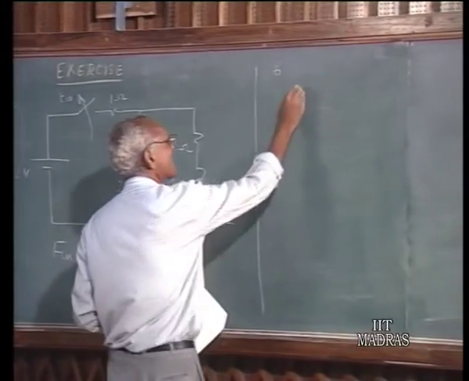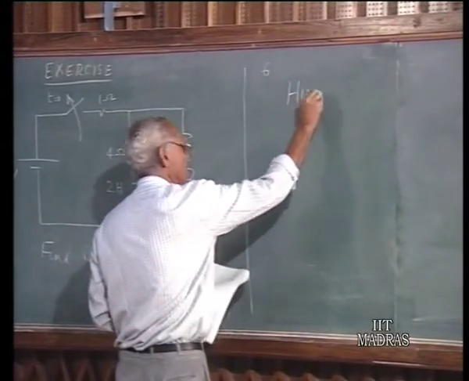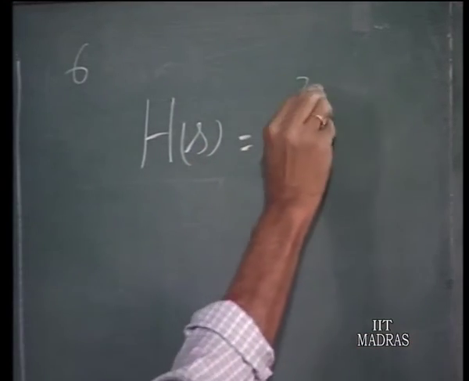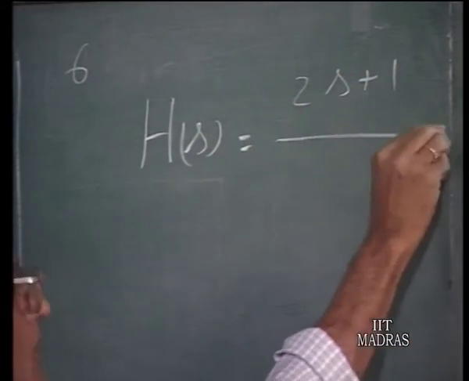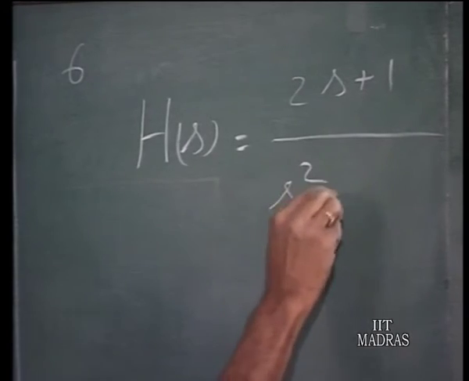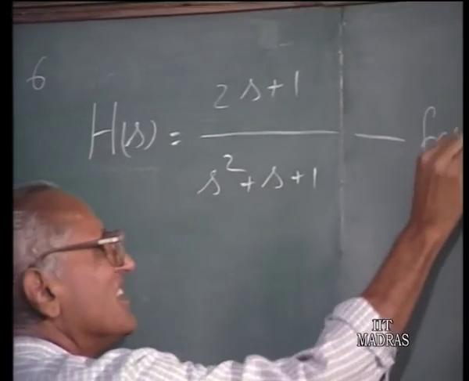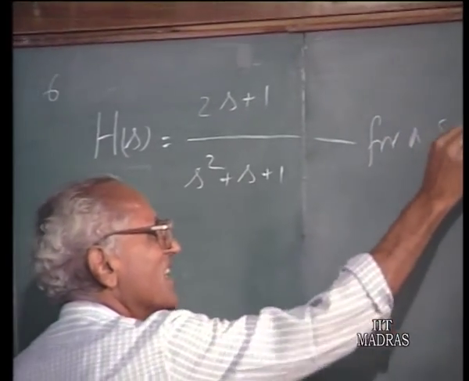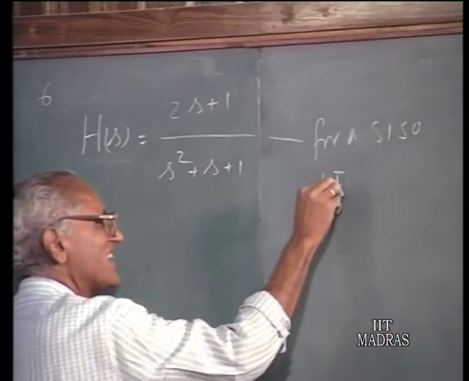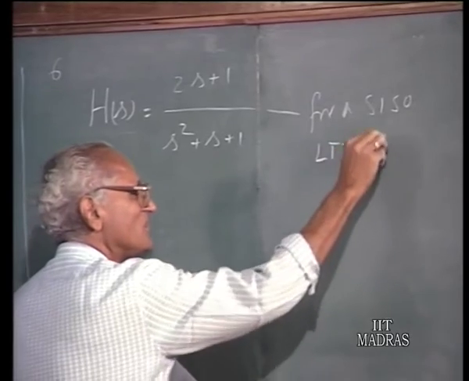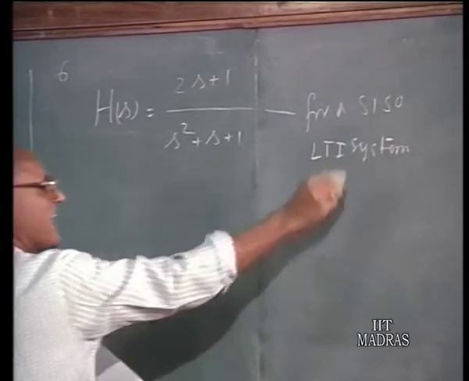6. The system function H(s) is given by 2s plus 1 divided by s squared plus s plus 1 for a single input, single output, linear time invariant system. This is a linear time invariant system.